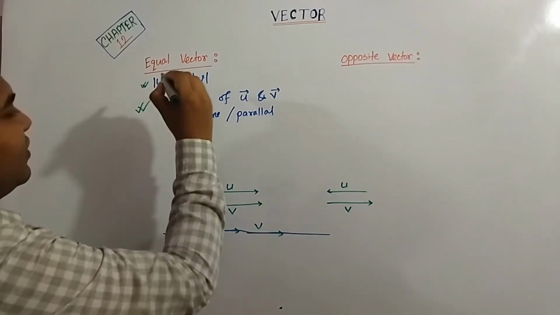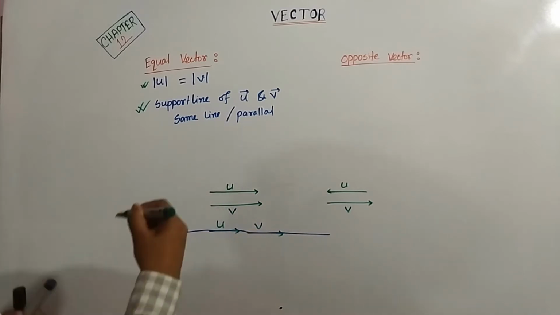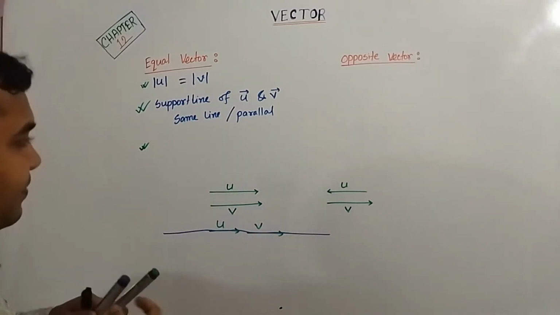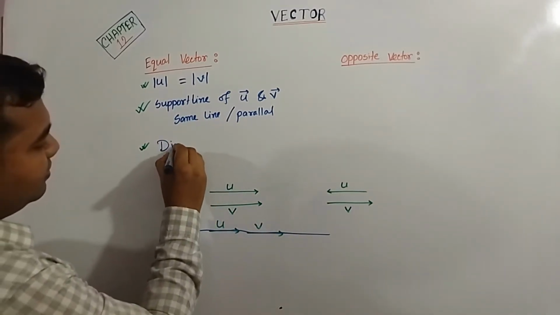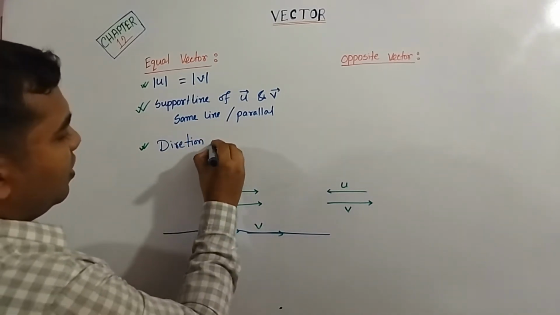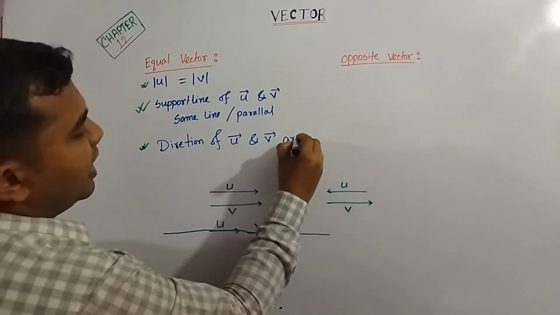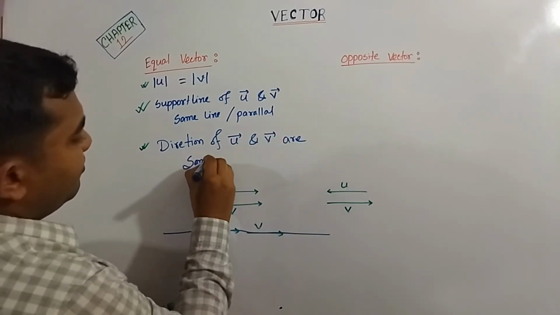Another condition is very important for equal and opposite vectors, that is, the direction of u and v are the same. The direction of the u vector and v vector are the same.